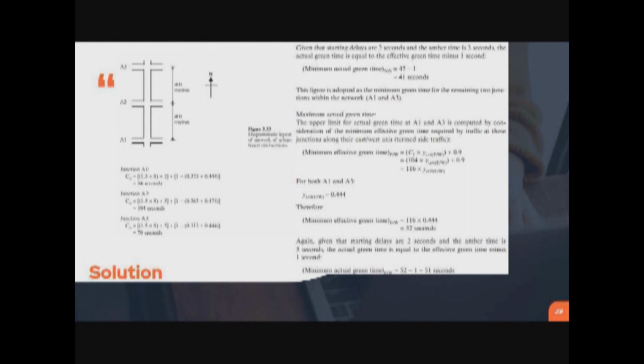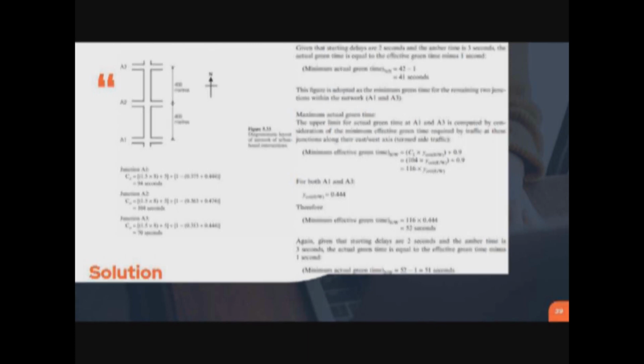The relative values of the critical ratios are then used to estimate the proportion of this green time allocated to the north-south and east-west directions. Since the y critical of the north-south is 0.363 and of the east-west is 0.474, using the formula we have 96 times 0.363 over 0.363 plus 0.474, which equals 42 seconds.